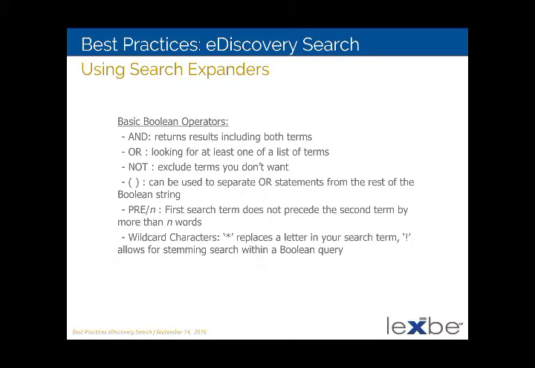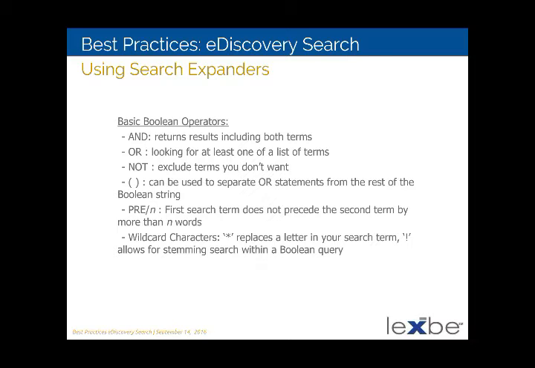So obviously, AND is going to return results including both terms. Apple and banana will give you documents that have the words apple and banana in them. OR is going to give you at least one of the terms; apple or banana will return all documents mentioning either of those. The NOT will exclude terms you don't want.